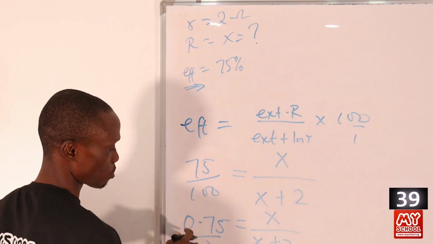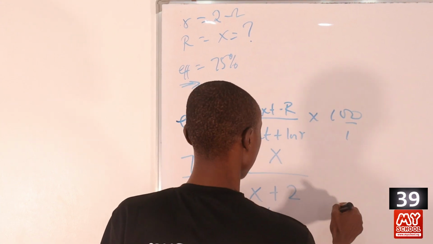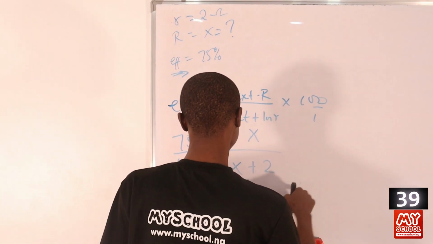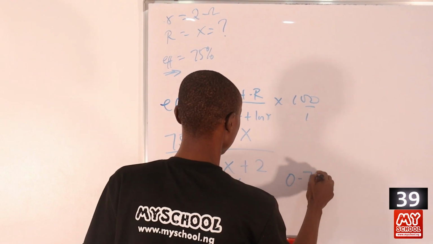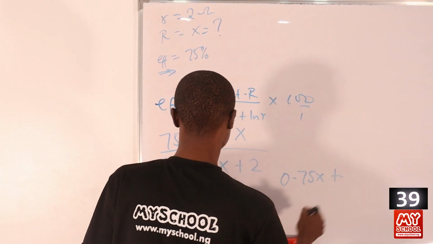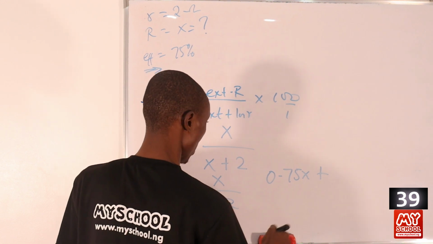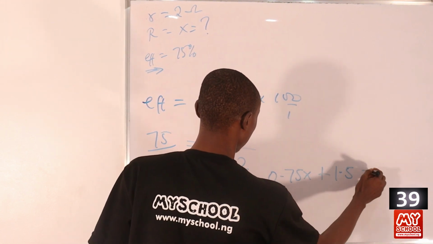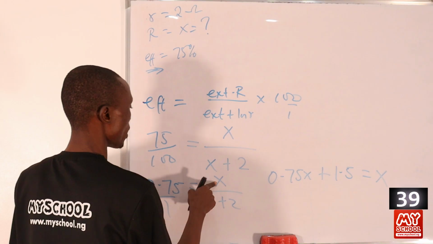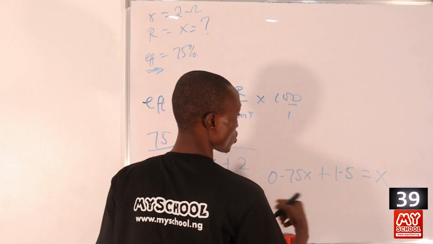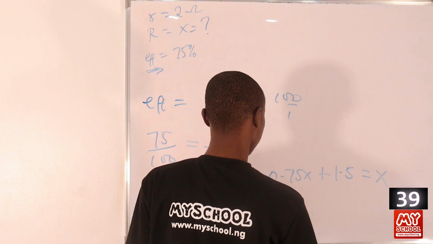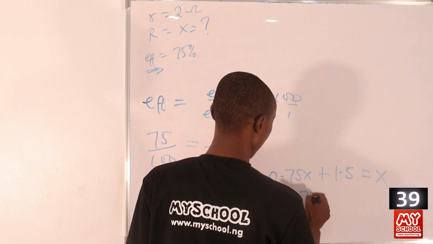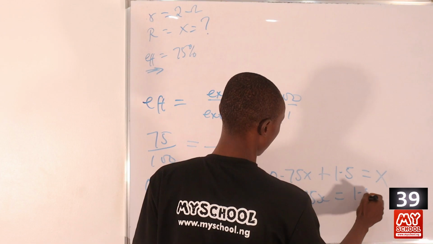So if we cross multiply, we'll be having 0.75X plus 2 times 0.75, which is 1.5, equal to X. X times 1 will be equal to X. So we just collect like terms. If we collect like terms, we'll be having X minus 0.75X equal to 1.5.